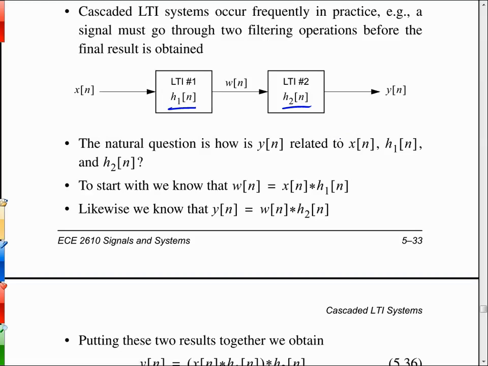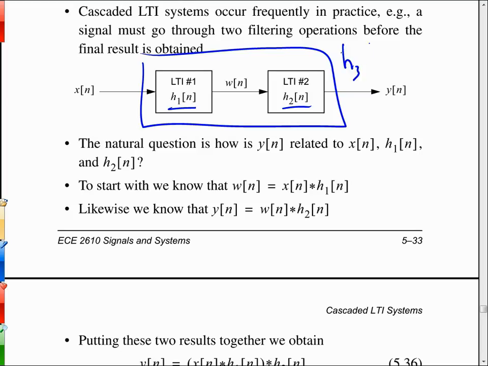Okay, what we'd like to do is see what is the cascade response. In other words, it turns out that this thing can be cascaded up into being some equivalent impulse response h of n. So if we look at it, w of n will be x of n convolved with h1, and y of n is going to be w of n convolved with h2.